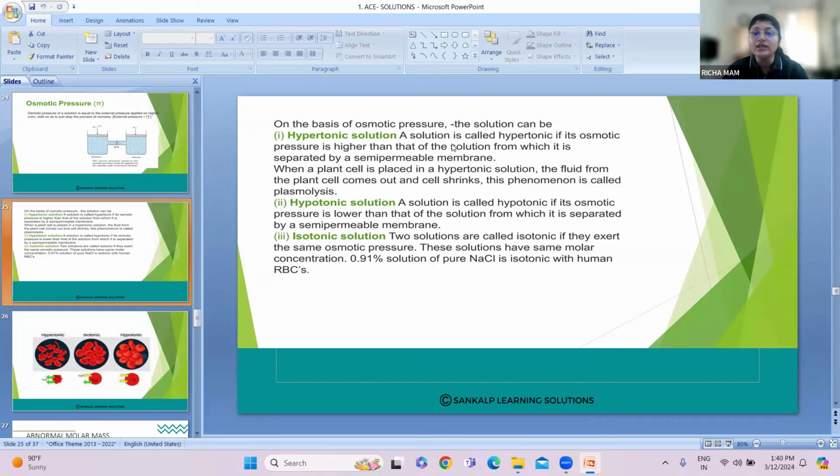This is an example of a hypertonic solution.